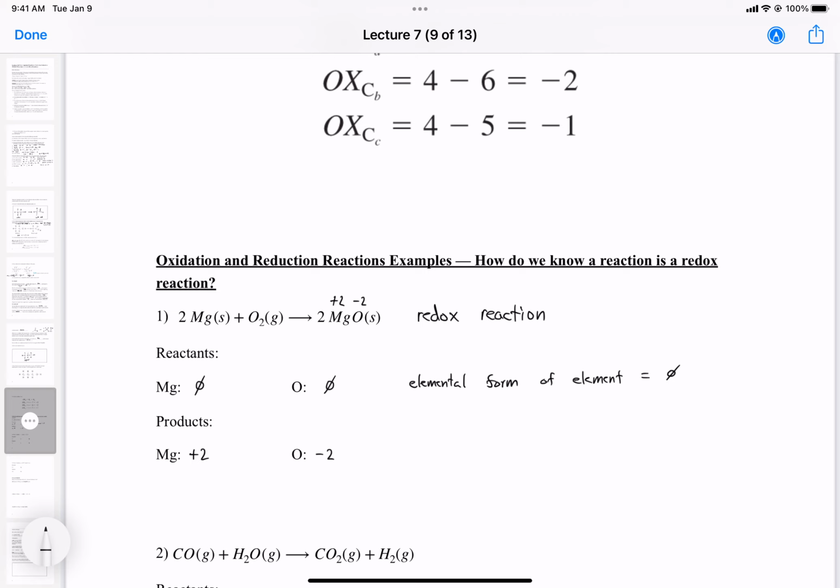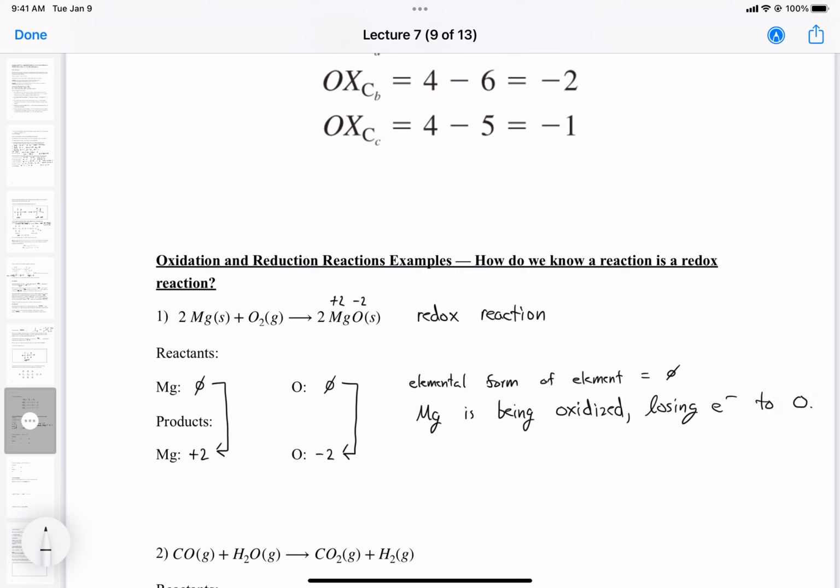So what is being oxidized and what is being reduced? Well, we see the magnesium is going from 0 to +2, and the oxygen is going from 0 to -2, so we say magnesium is being oxidized. So it's losing electrons to oxygen.